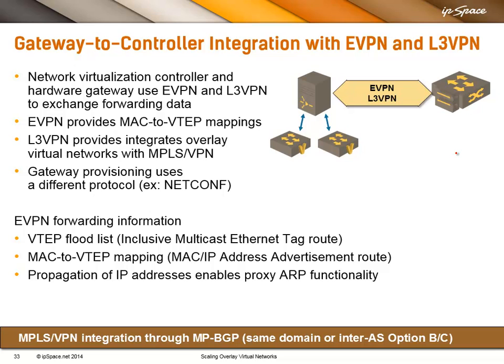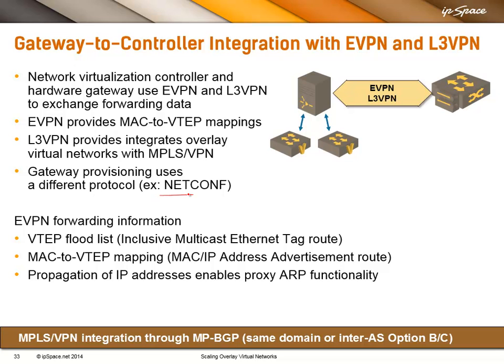On the other hand, if you want to integrate your SDN controller with the gateway using EVPN or layer 3 VPN, obviously you can do that, and we discussed already how a lot of these things would be done. However, you have to configure the gateway somehow.